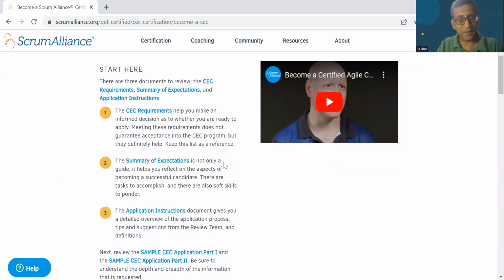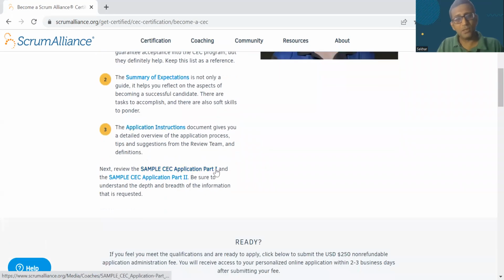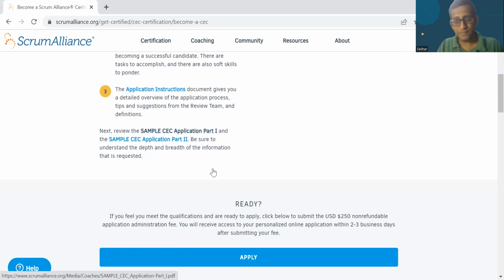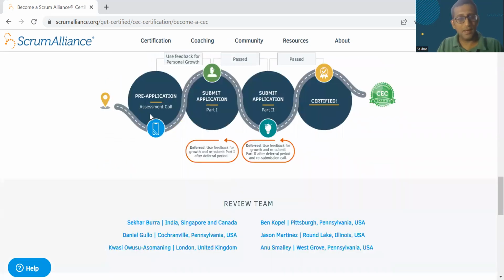This page contains the CEC requirements link, summary of expectations, and application instructions. And you also have part 1 and part 2 of the application. At the bottom, you also see the process, where there is an assessment call, then part 1, part 2, and then you get the certification.